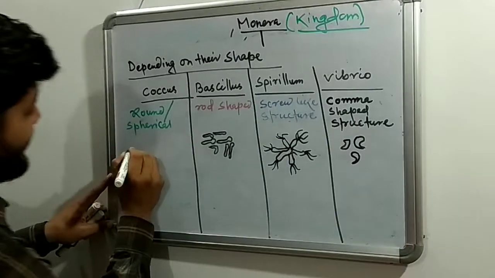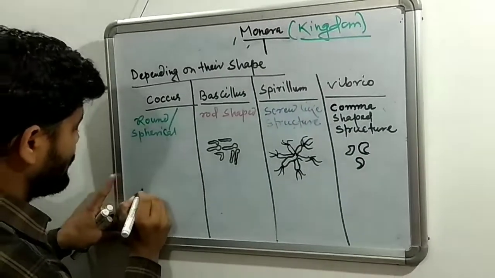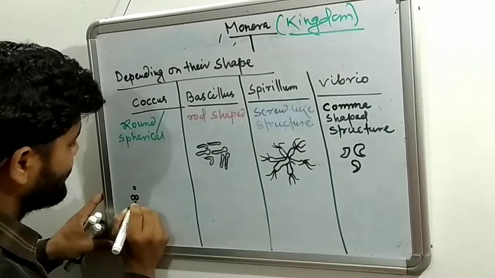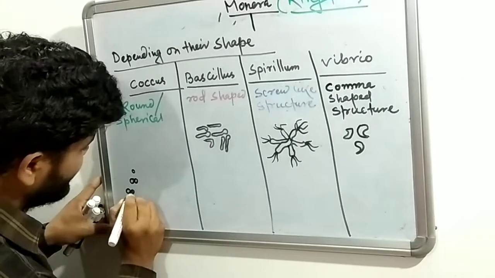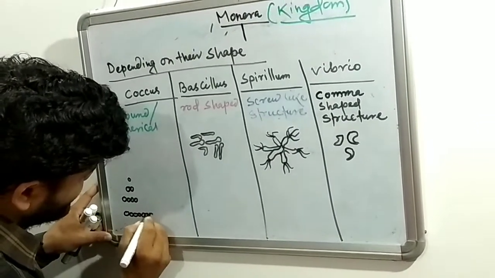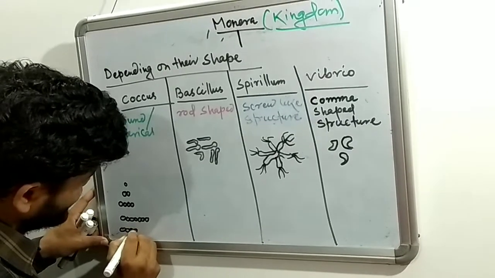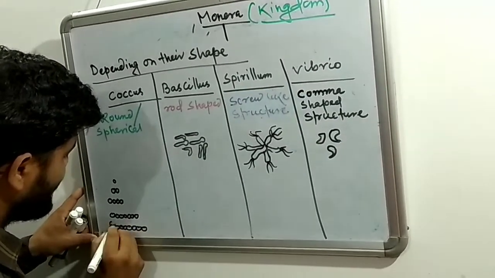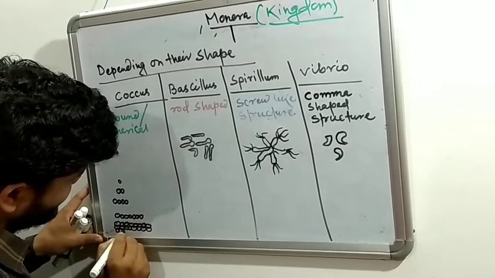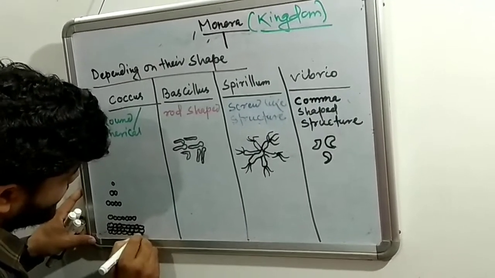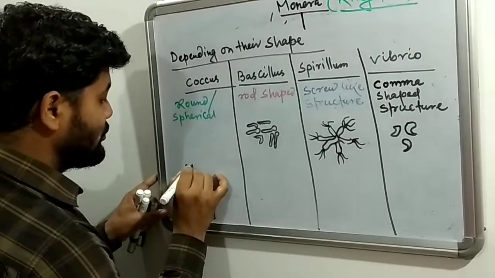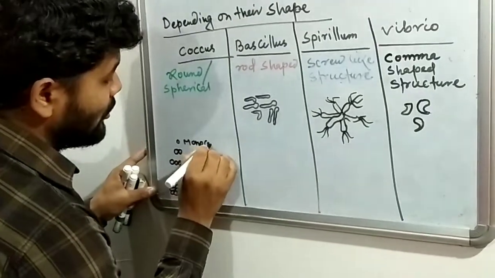Now coccus, as we know, is round or spherical. Sometimes it remains single, sometimes it forms pairs, sometimes it forms a long chain, or sometimes it forms a sheet. Depending on this type of structure, coccus bacteria have different names. When it is a single cell, it is known as monococcus.